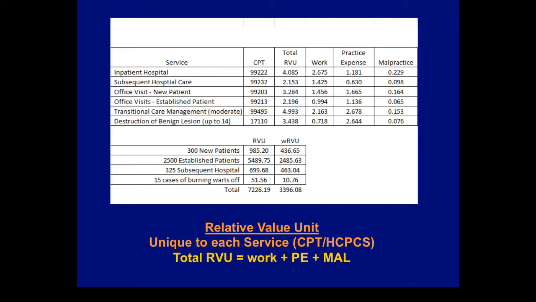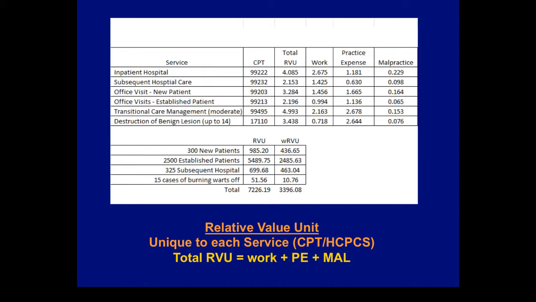That means the new patient had more effort and work output by you as a nurse practitioner than an established patient, both level 3s. So we did not see 1 and 1 were both equal. I saw more if I saw the new patient because I got a 1.456 value. You saw less because you had a 0.994 value. So you think, well, I don't get it. Where are we going? Start multiplying those by dollars, and now you start understanding.